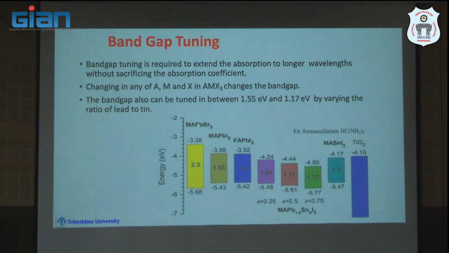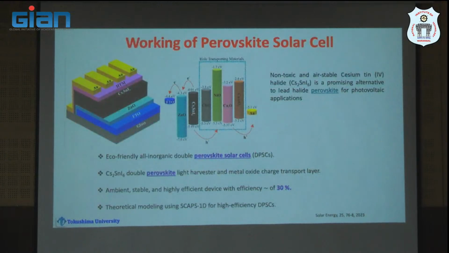That ratio can be varied, and we can tune, we can change the band gap. If you change the band gap, the performance will also be affected. This is the working principle of perovskite solar cell. There are glass substrate, FTO, zinc oxide, and whatever material you can add here, and then after choosing the perovskite material, the solar cell is ready for the application.